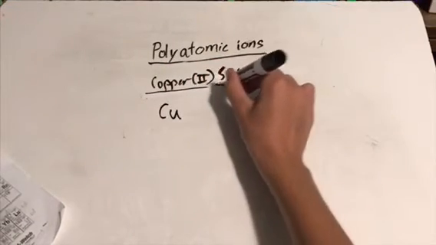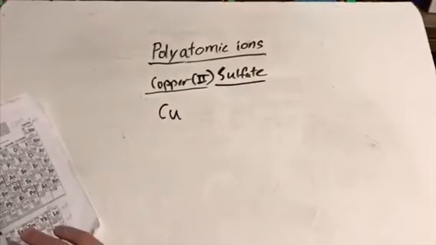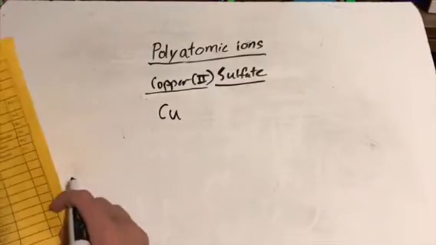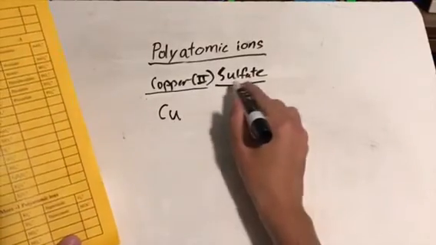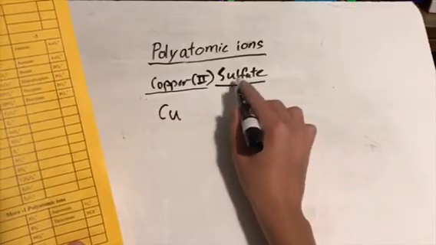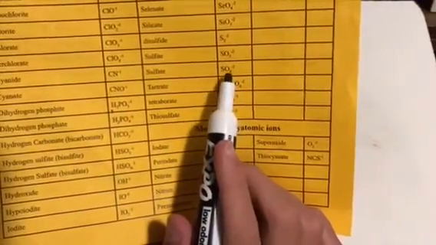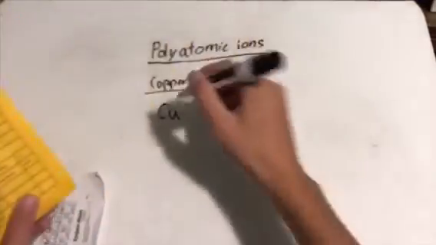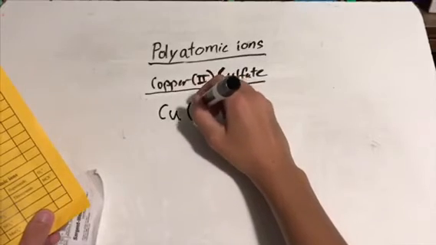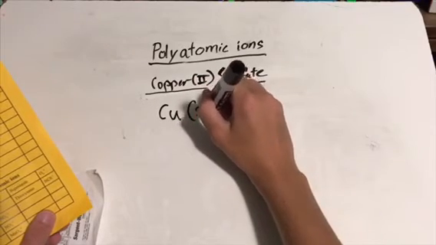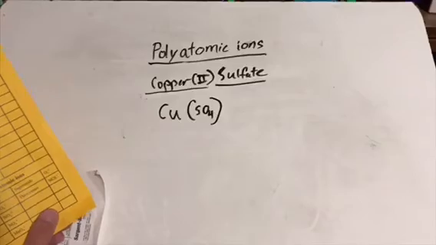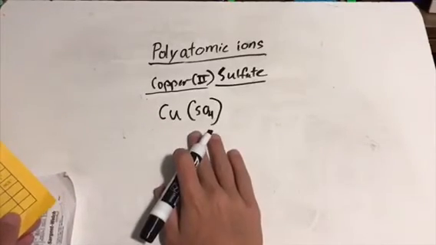Then, you go on the polyatomic ion sheet and you see what the formula is for sulfate. Sulfate is right there. SO4. But after this step, you are not done.